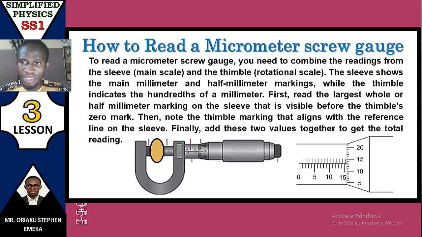First we read the largest whole or half millimeter marking on the sleeve that is visible before the thimble zero mark. After that, we note it, then go to the thimble marking that aligns with the reference line on the sleeve.